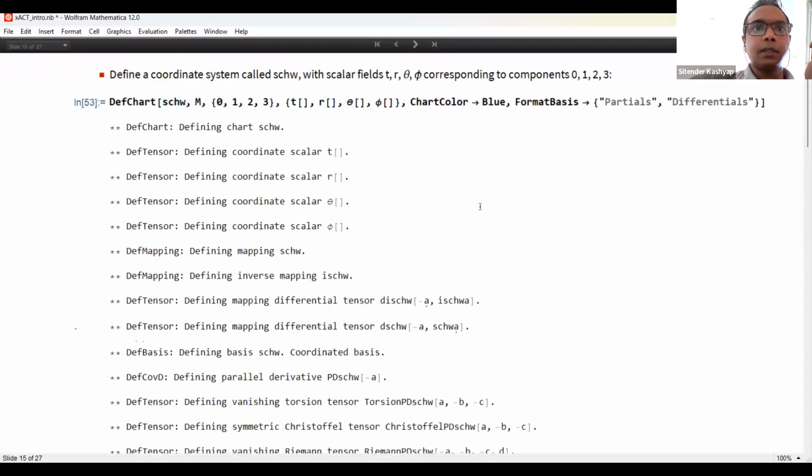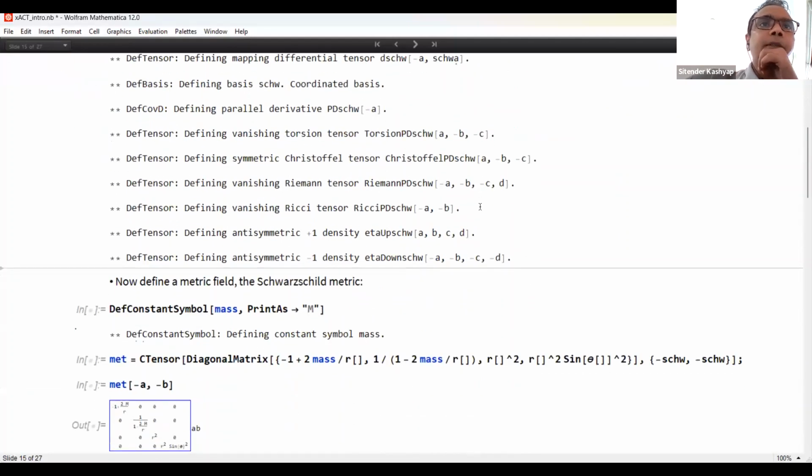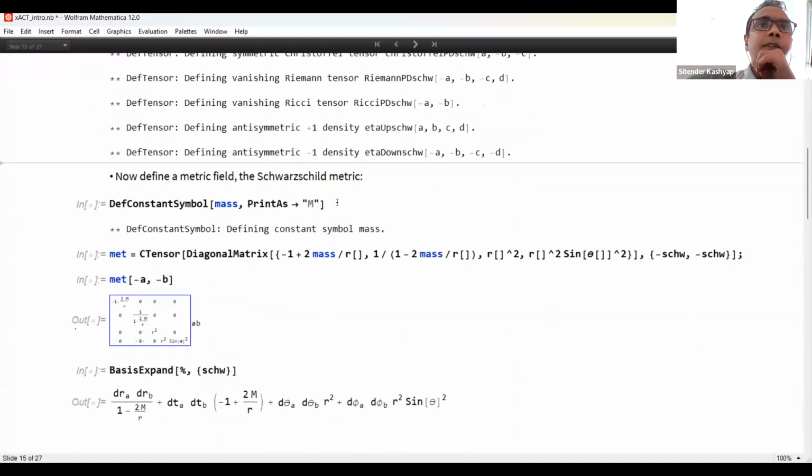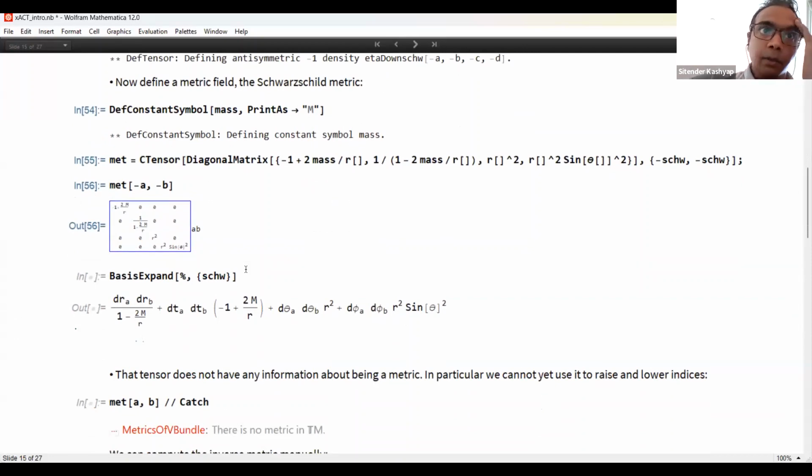So once we do that, let's also define something called mass, a constant symbol, and we have to print it as M. So that's what we do. And then we define a CTensor, which is a diagonal matrix, and which we call MET, MET AB, and it is essentially this. So now all of us can recognize this as a Schwarzschild metric. And here is a funny thing which I noticed, and I don't have an explanation for that.